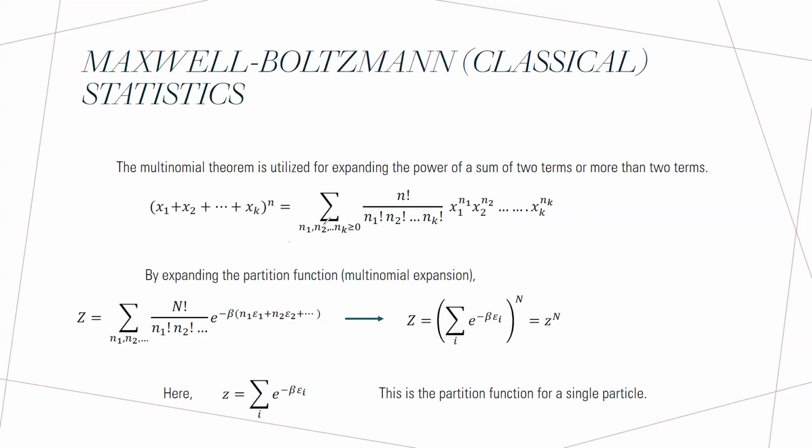Here we have the sum of factorial n over factorial n1, n2, up to nk, because we have k number of x values, and there are n1 number of x1 values, so x1 to the power n1, and n2 number of x2 values, so x2 to the power n2.